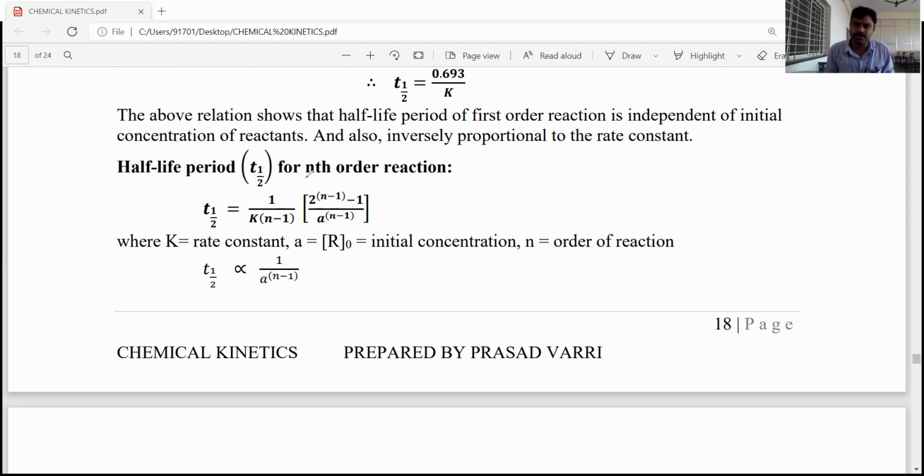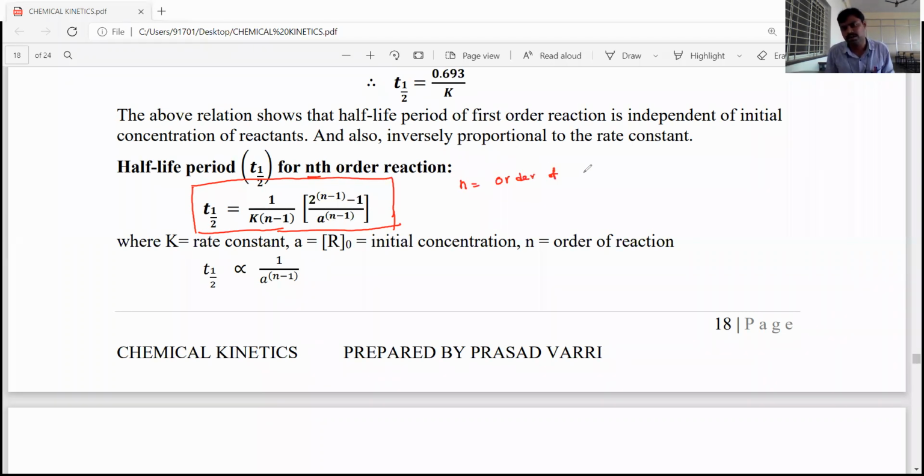So the half-life period for an nth order reaction, t half, is equal to 1 by K into n minus 1, into 2 power n minus 1 minus 1, whole by a to the power of n minus 1.